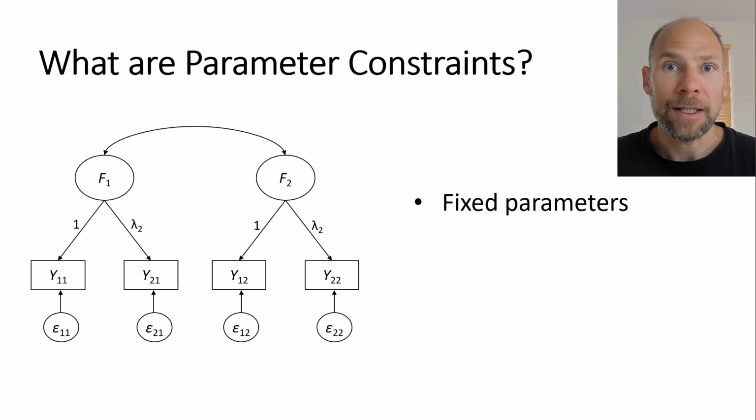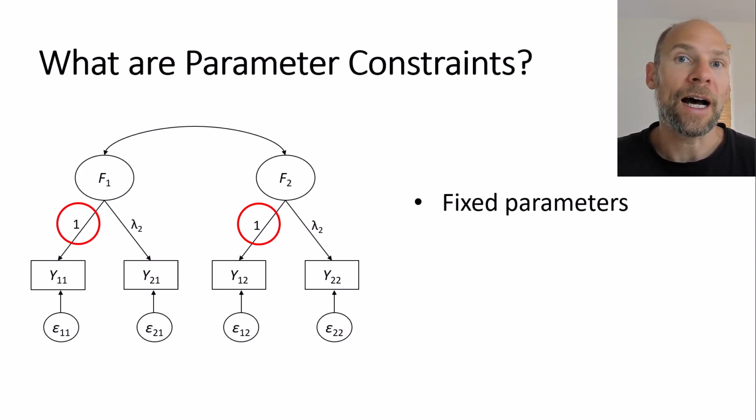In models like this, we typically fix one factor loading per factor, usually to 1, for identification. Or alternatively, we fix the variance of the factor to 1 for identification. This is an example of a constraint where a parameter is not estimated but is fixed to a pre-specified value. Why is this done?